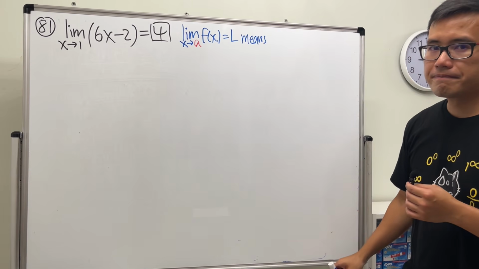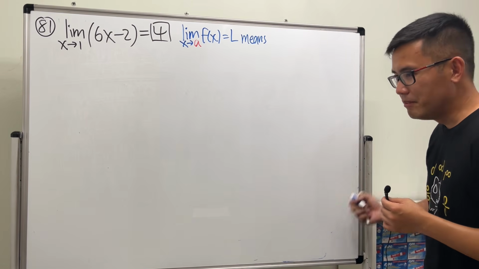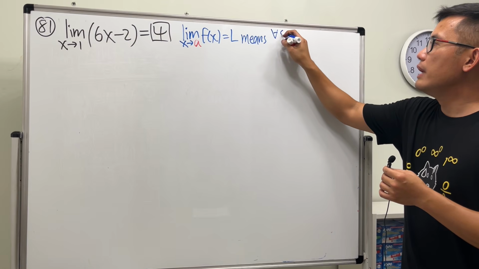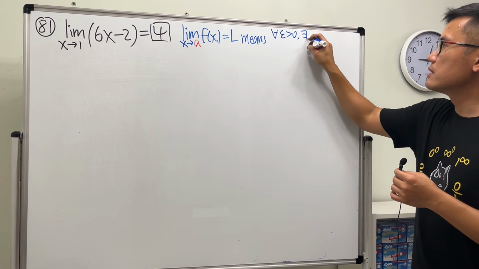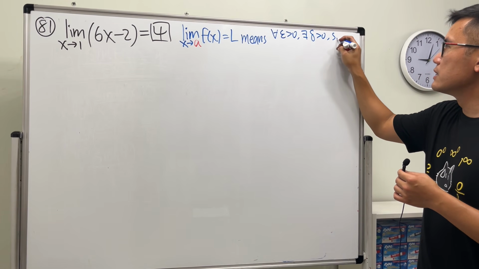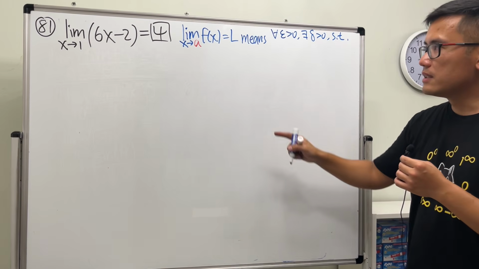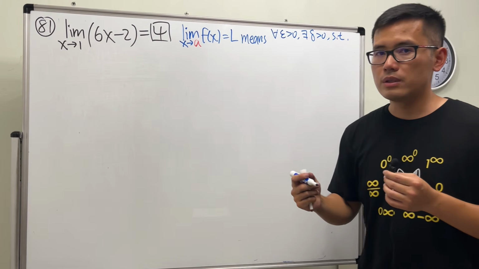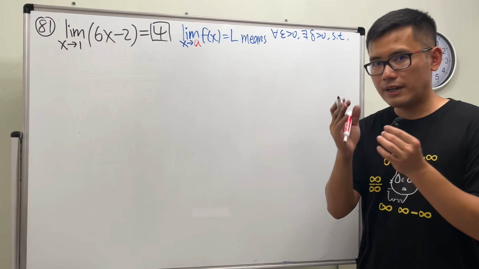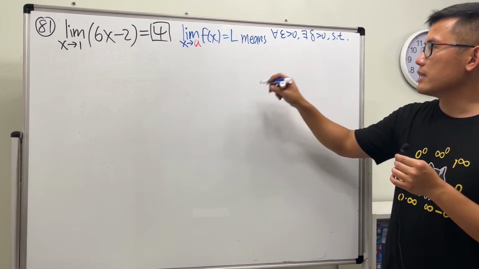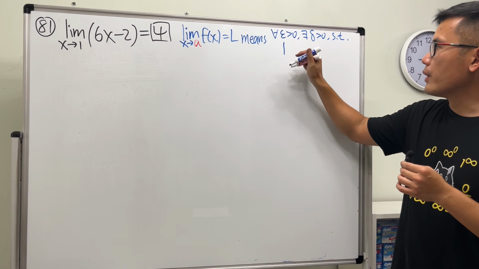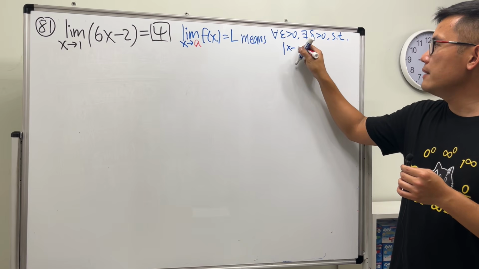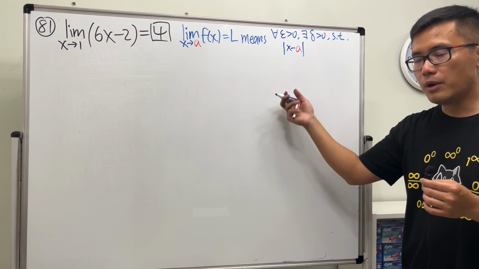this right here means, you ready? It's mean, I know, but it means for all epsilon greater than 0, there exists a delta greater than 0 such that if the distance between x and a is small enough, and for distance, it means we have the absolute value and they just subtract them. So we put absolute value of x minus a. If it's small enough, how small is small?